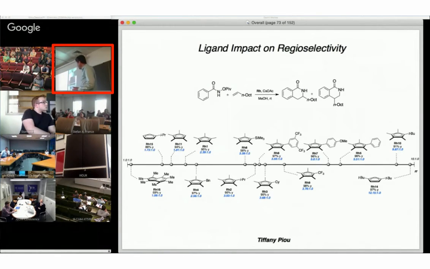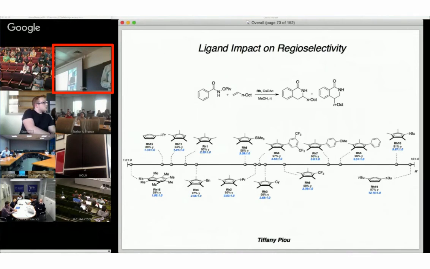But you can also get less useful: this indenyl* on the very left of the bottom is in essence unselective for this chemistry. Focus where the Cp* is, left of center, and then various electronically and sterically differentiated systems. There's not a lot here that suggests a trend or pattern.